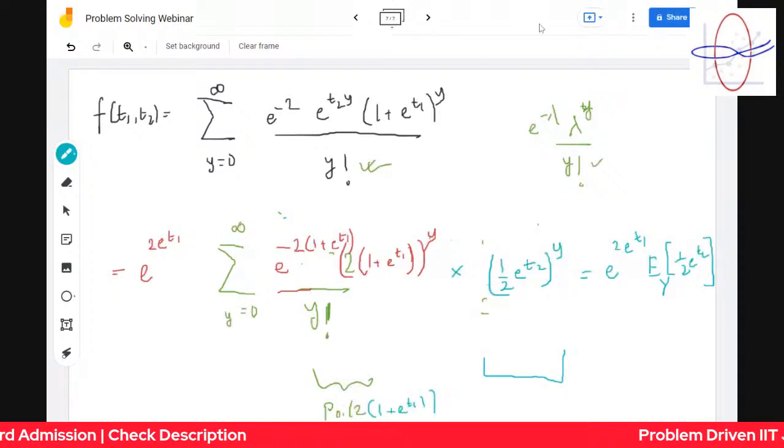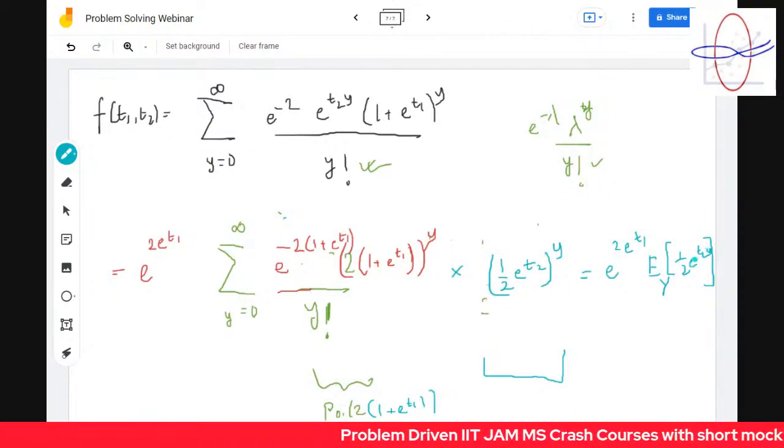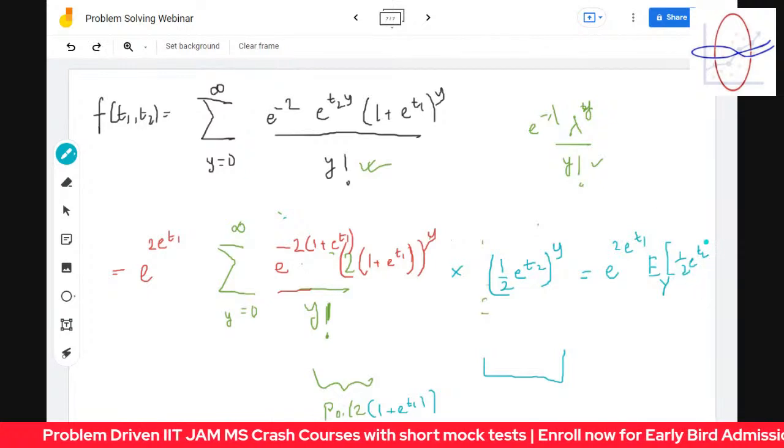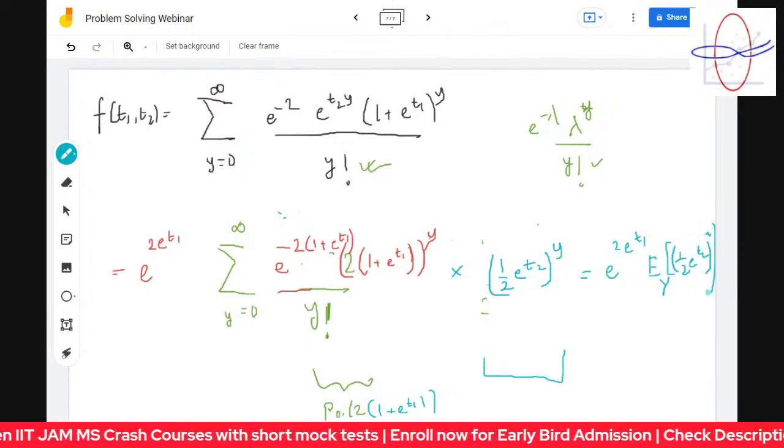So now you know that t2y, something is going wrong, yes, whole to the power y. So let's write it on the next page.